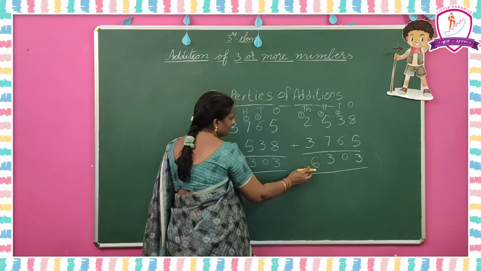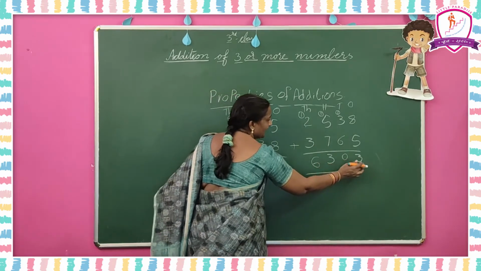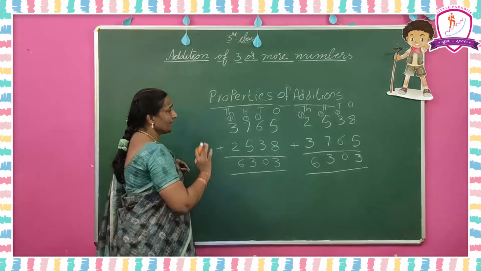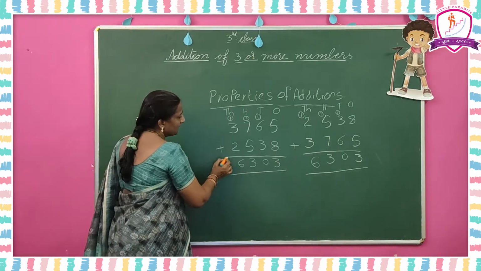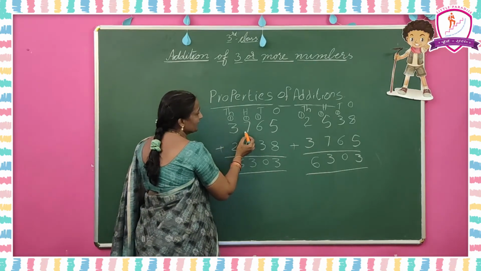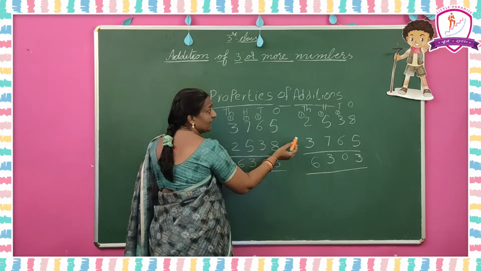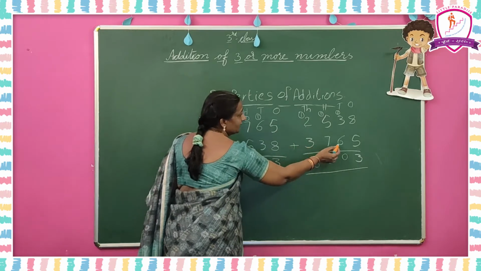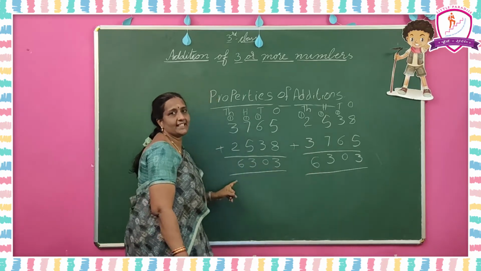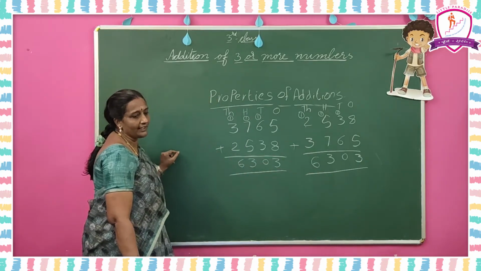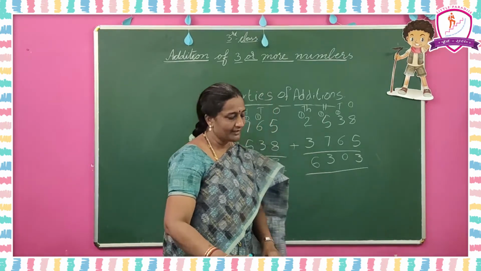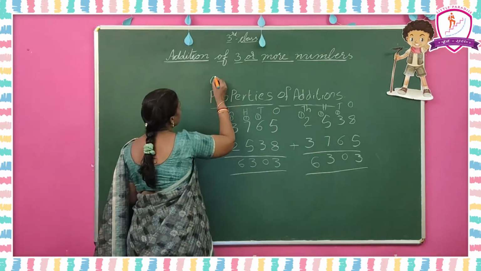Here also we got 6,303. That means if we change the order of the numbers, the sum will remain same. Here we take 3,765 as first number, and in this we take 3,765 as second number. The sum will remain same. This is known as order property of addition.